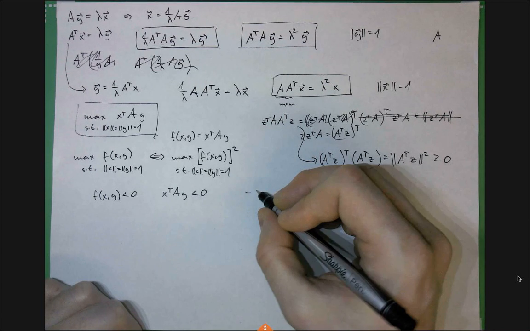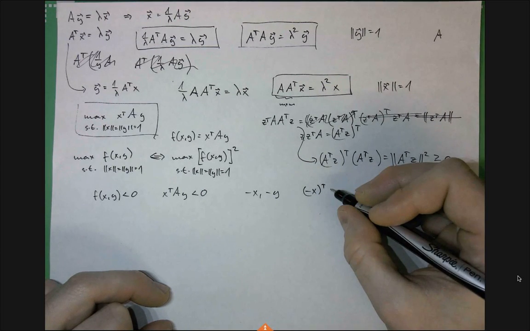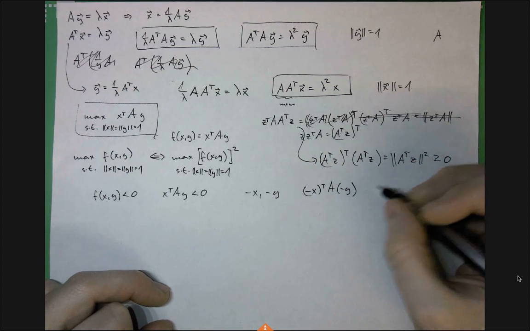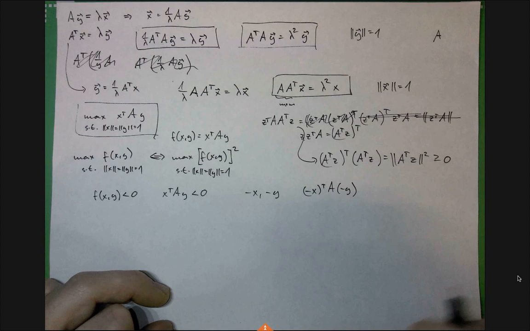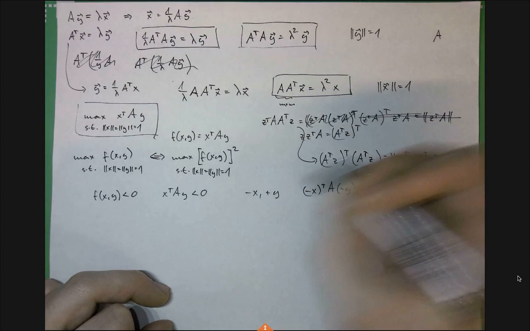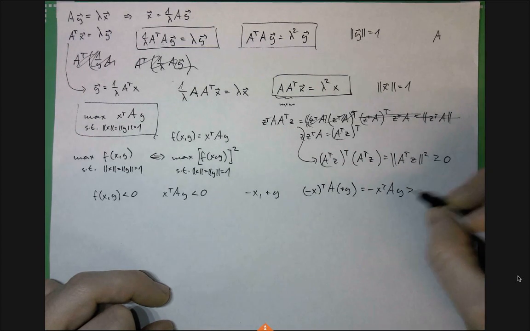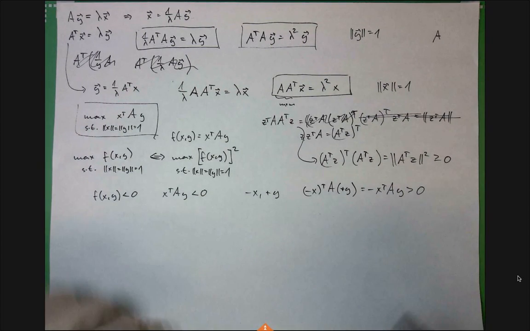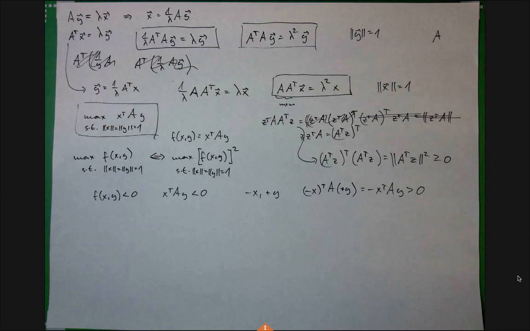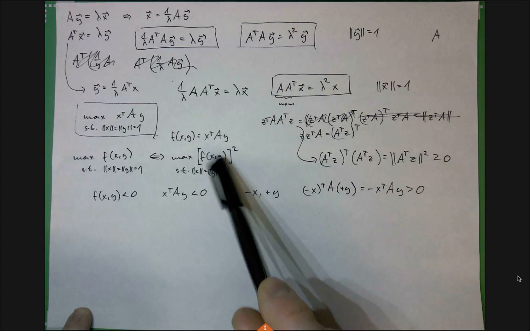Then I could simply take minus x and the same y, which would give minus x transpose Ay, which would be positive. So this clearly cannot be the maximum, because I could produce something bigger than that, which would be positive. So clearly the maximum has to be positive, so I can as well square it and look for the maximum of the squared thing.